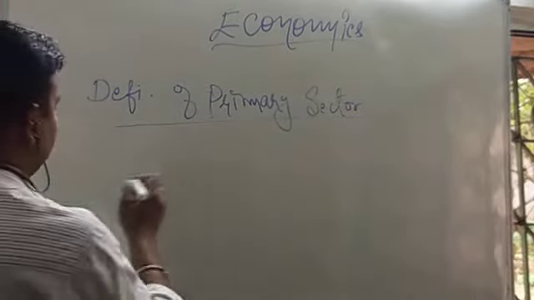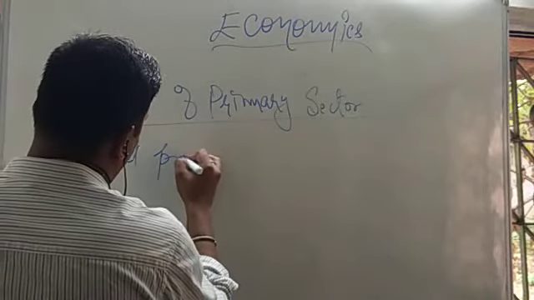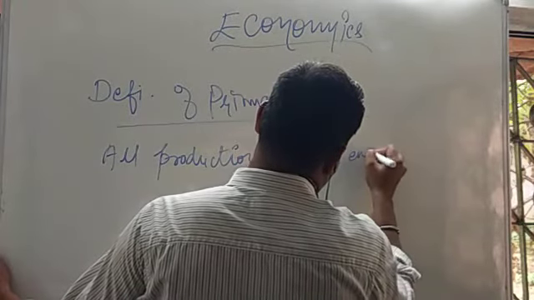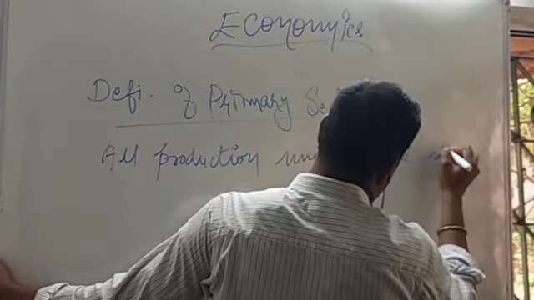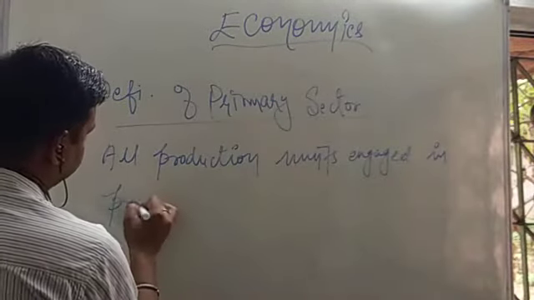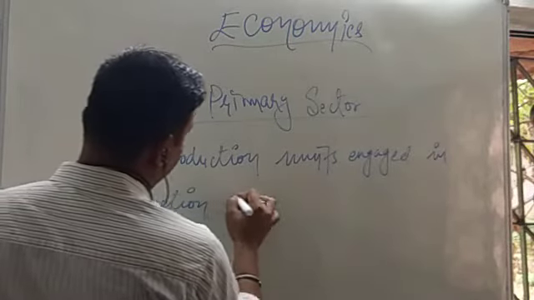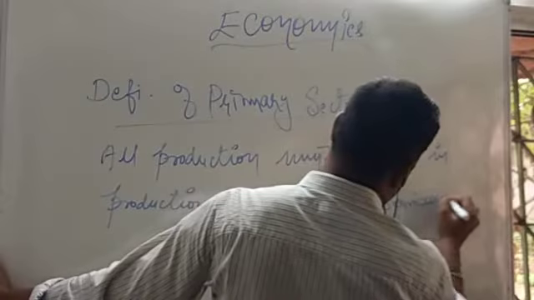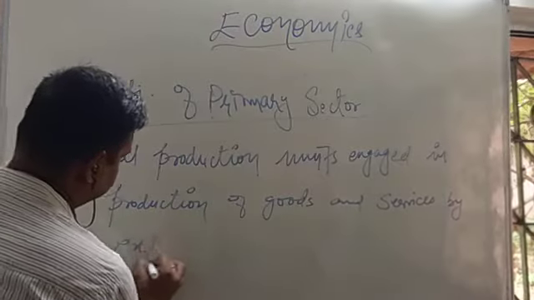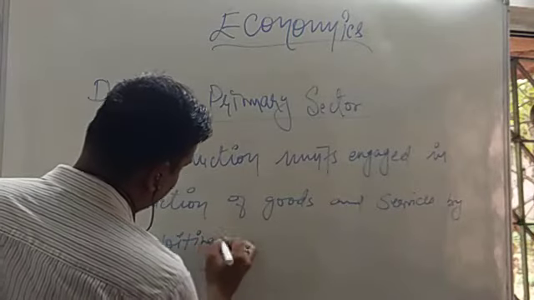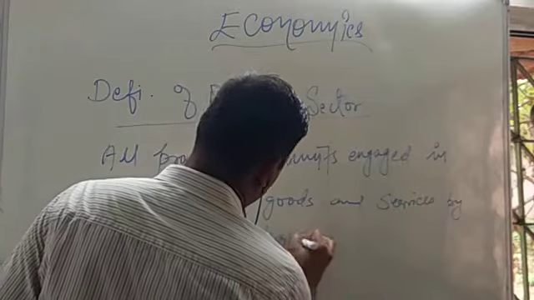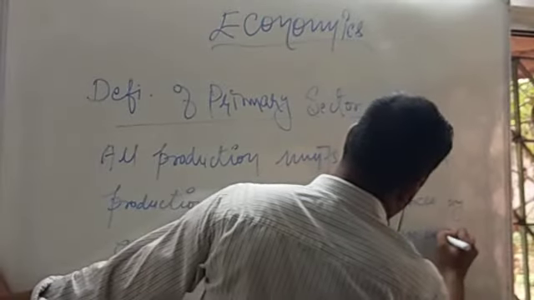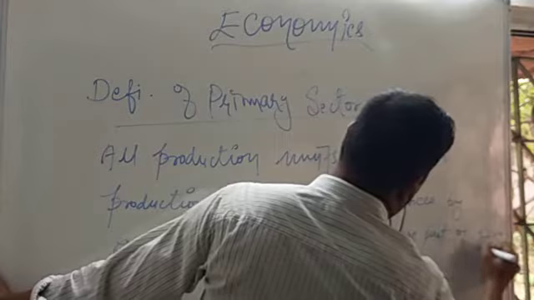The primary sector is concerned with all production units engaged in production of goods and services by exploiting natural resources are part of the primary sector.